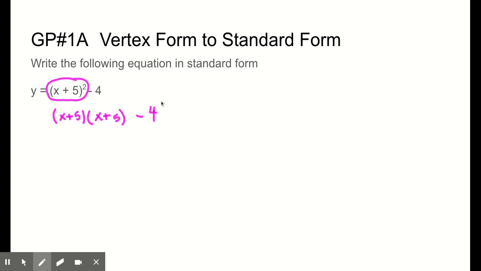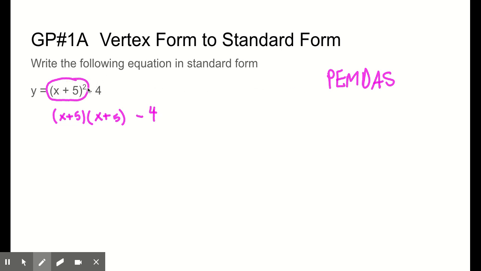Now, this -4 is going to kind of hang out here until the very end. Because remember, according to the order of operations, we have to start with parentheses. Well, there's nothing to be simplified within our parentheses. We cannot add x and 5 because they are not like terms. From there, we use exponents.